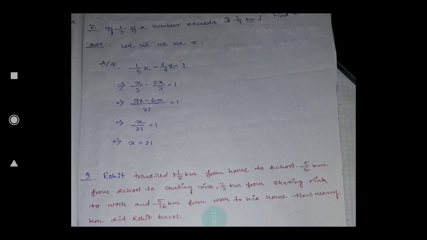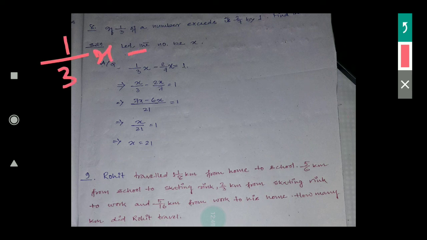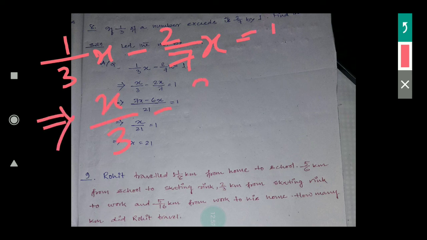So let the number be x. According to the question, 1/3 of x minus 2/7 of x is equal to 1. So 1/3 of x I can write as x/3, minus 2x/7 is equal to 1.